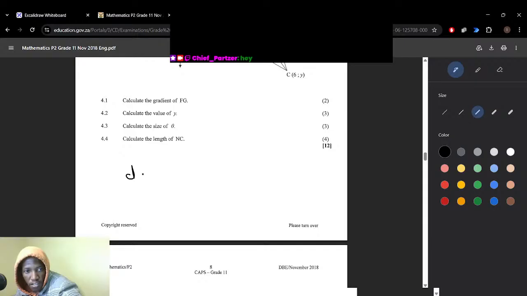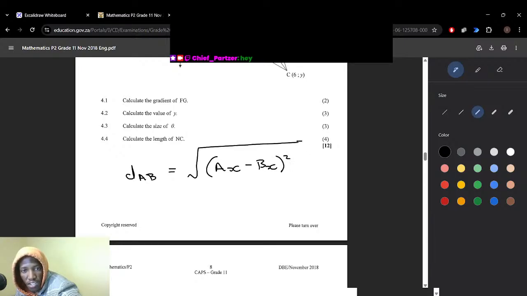Distance of AB equals the square root of (AX minus BX) squared plus (AY minus BY) squared.